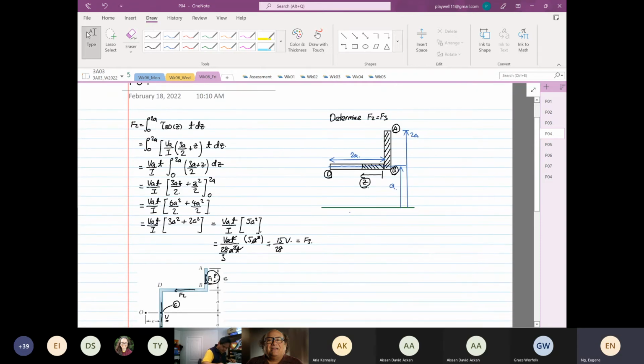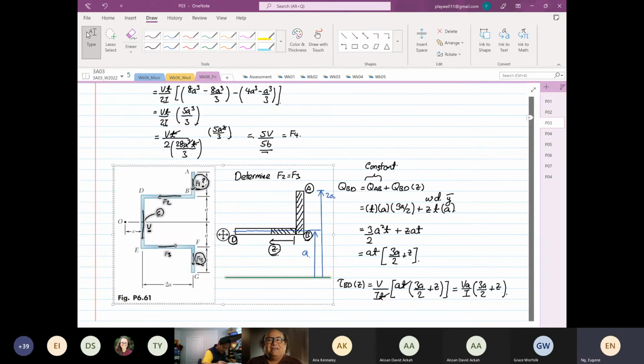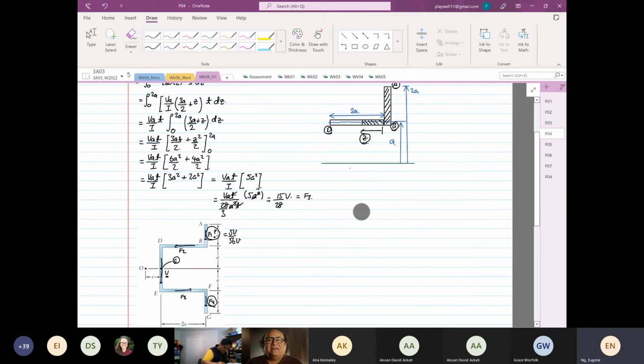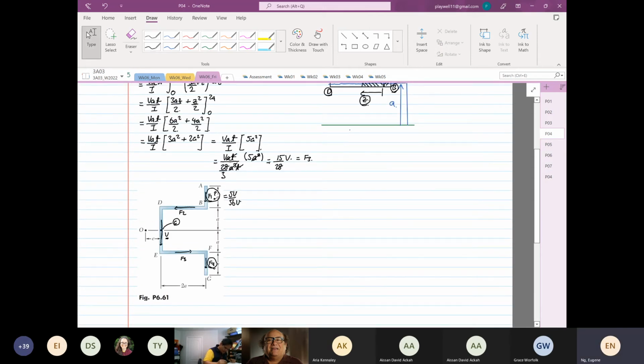Our F1 is 5V over 56. And we know our F2 or F3. This one corresponds to 15 over 28V.